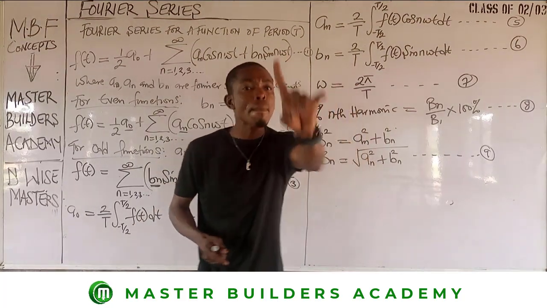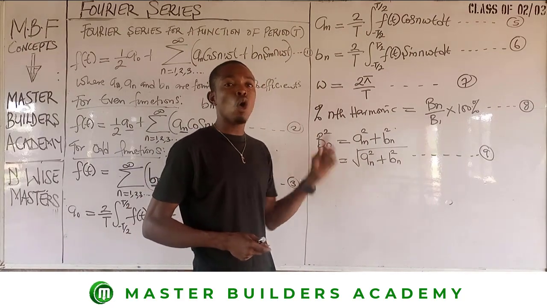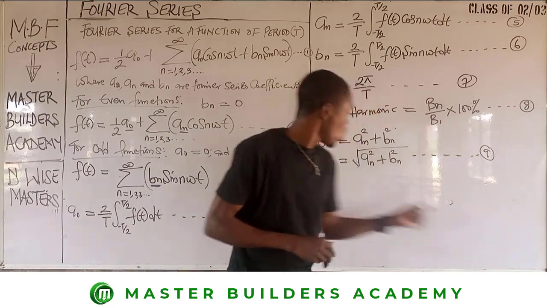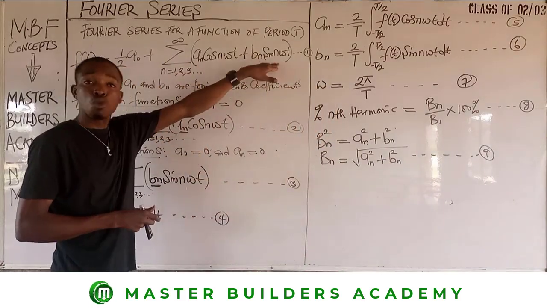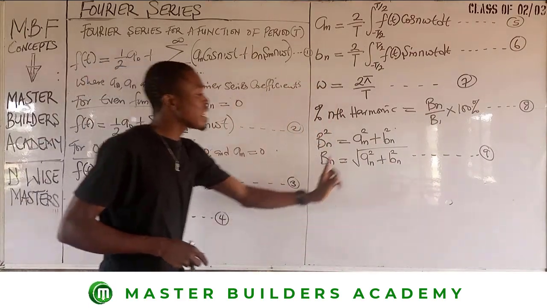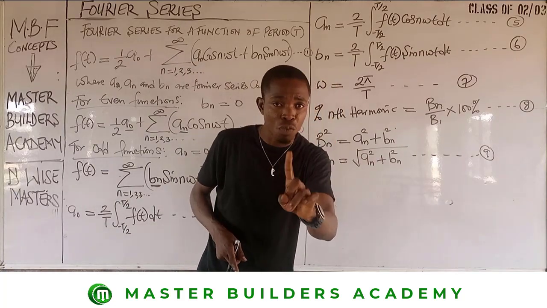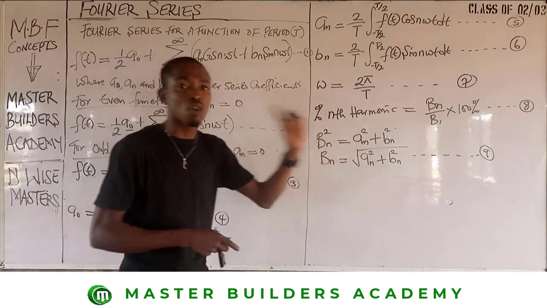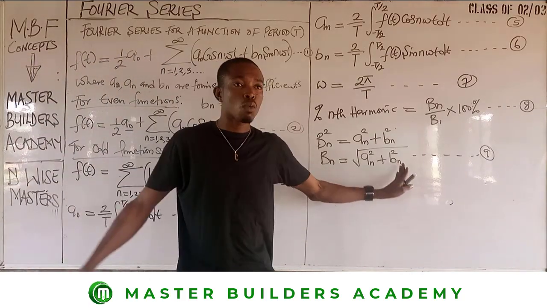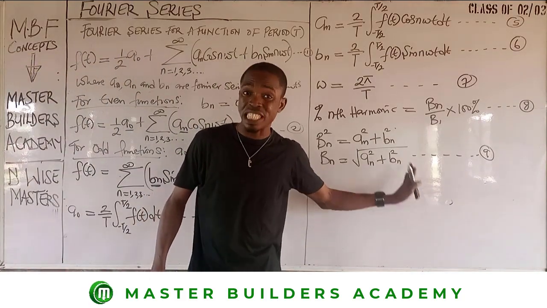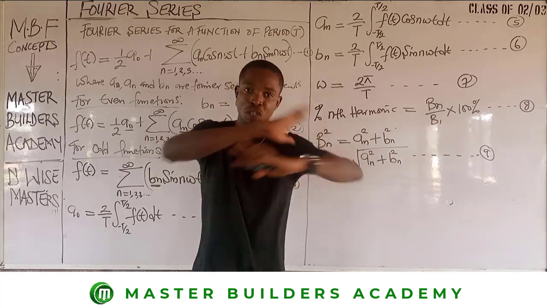But remember that this equation 9 only exists fully as it is now. All the terms here exist only when I am dealing with equation 1. If it happens to be equation 2, for instance, which is for an even function, where Bn is equal to 0, it shows that there is no need for Bn, or you can just put in 0 there without stressing yourself.